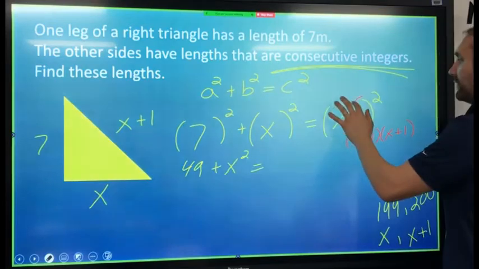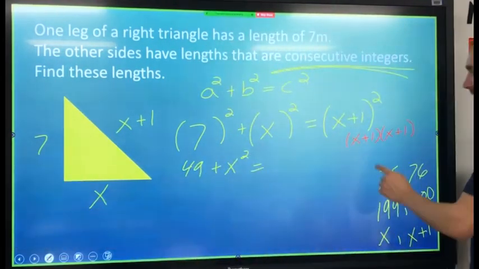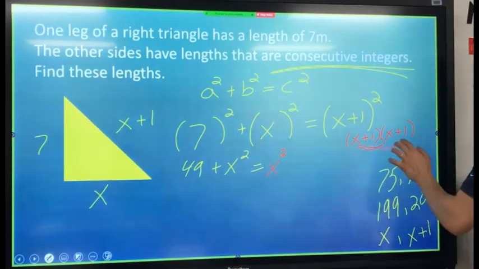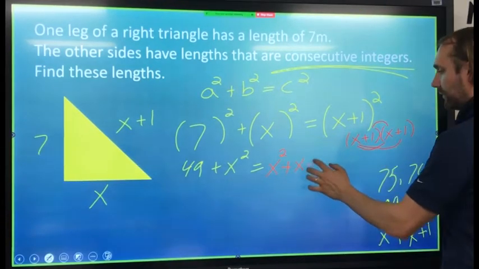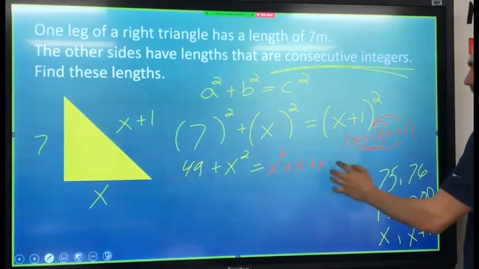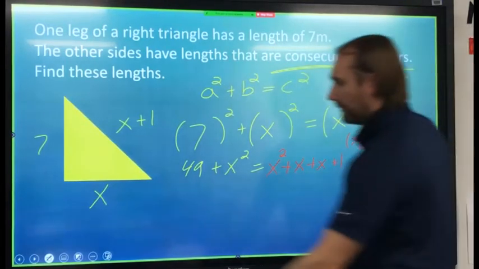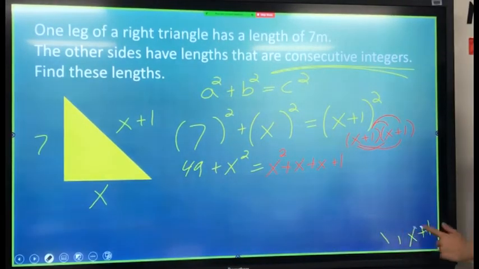You cannot distribute a square inside of a parentheses. You must rewrite it. So that gives me x times x is x squared, x times 1 which is x, 1 times x, which is x, and 1 times 1, which is 1. So now, we've distributed all we can distribute.